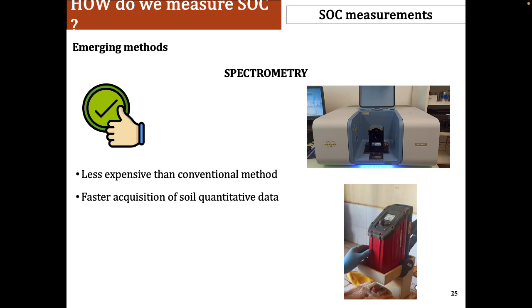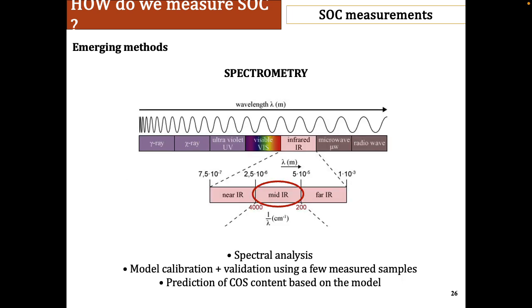And that's what I did during my research internship last year, and we focused on the use of spectrometry on soil organic carbon. It consists mainly of spectral analysis and spectral acquisition of the soil.